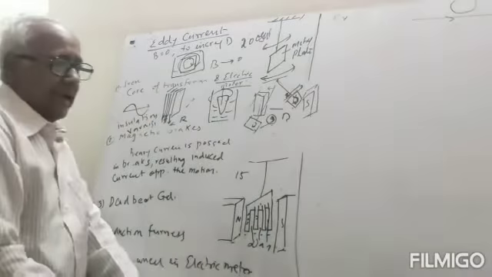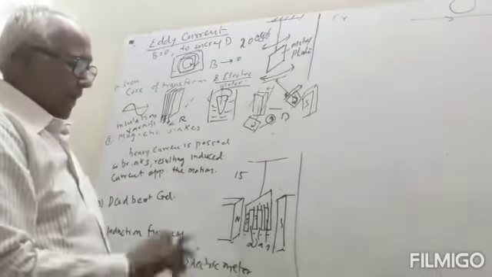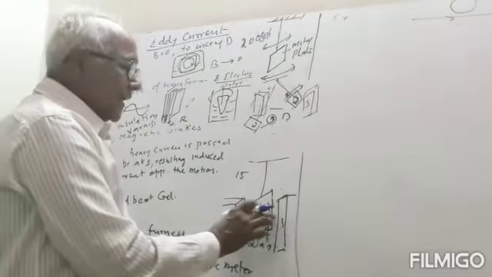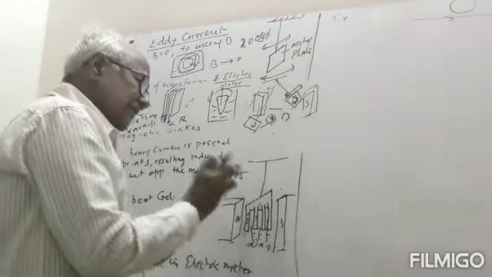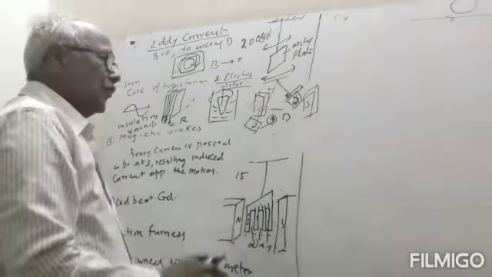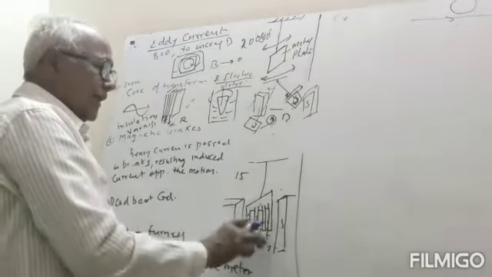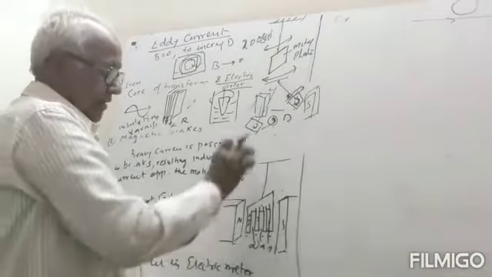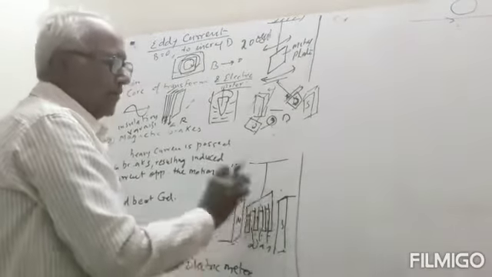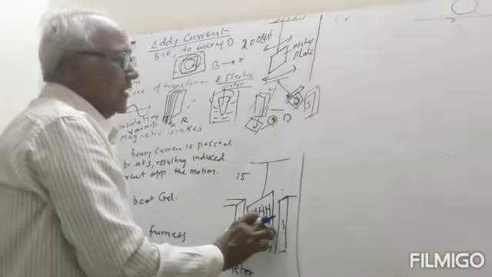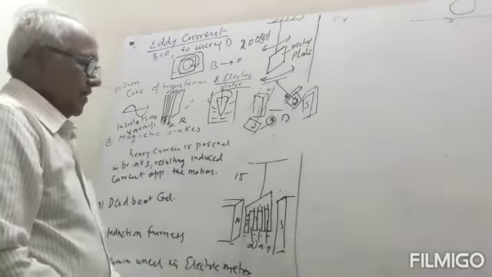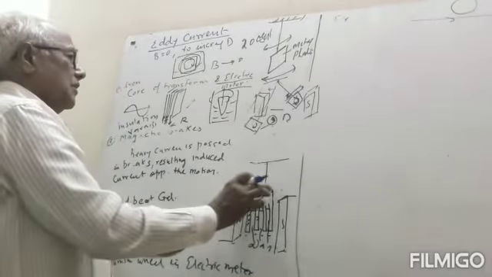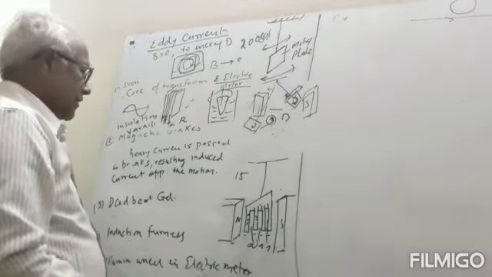In the gap there is air, and the resistance of the air is infinite. So the eddy currents are reduced. So since eddy currents are reduced, it will oscillate more than when it's a complete plate, when slots are not there. So in this way we can explain this.